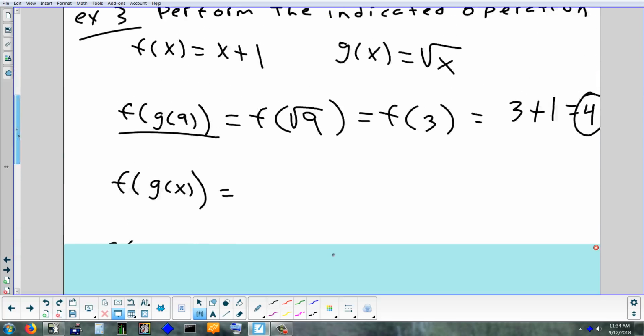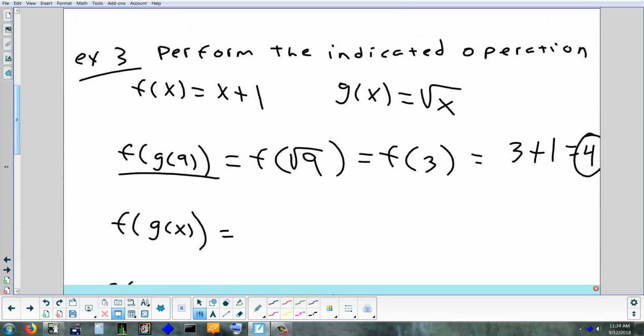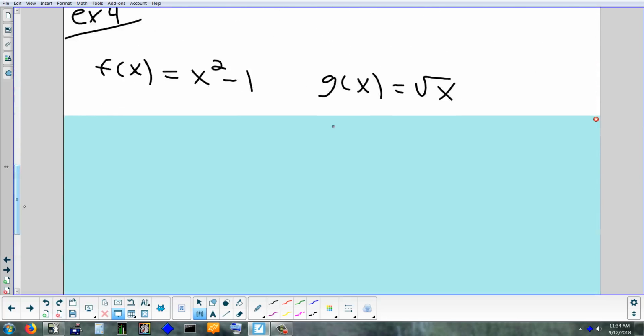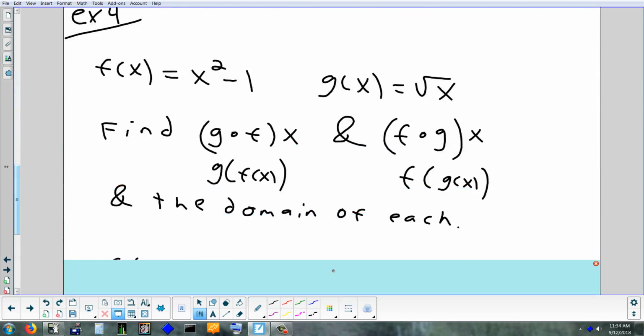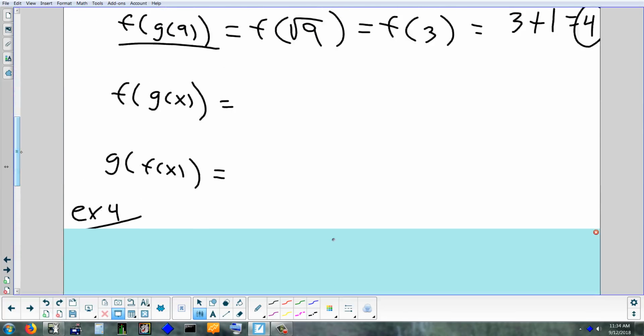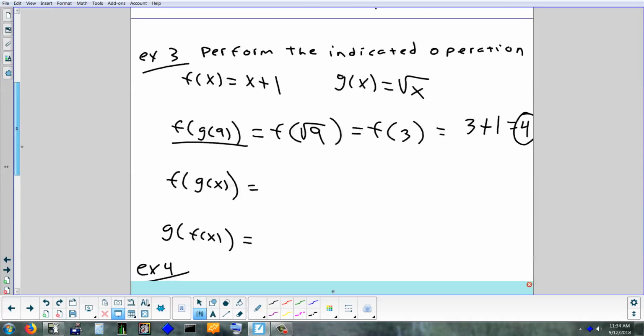So let's start by finding f of g of x. Doesn't look like they asked for the domain yet. I think that's going to be an example for finding the domain. So let's just practice two more compositions, and then we'll do domain.